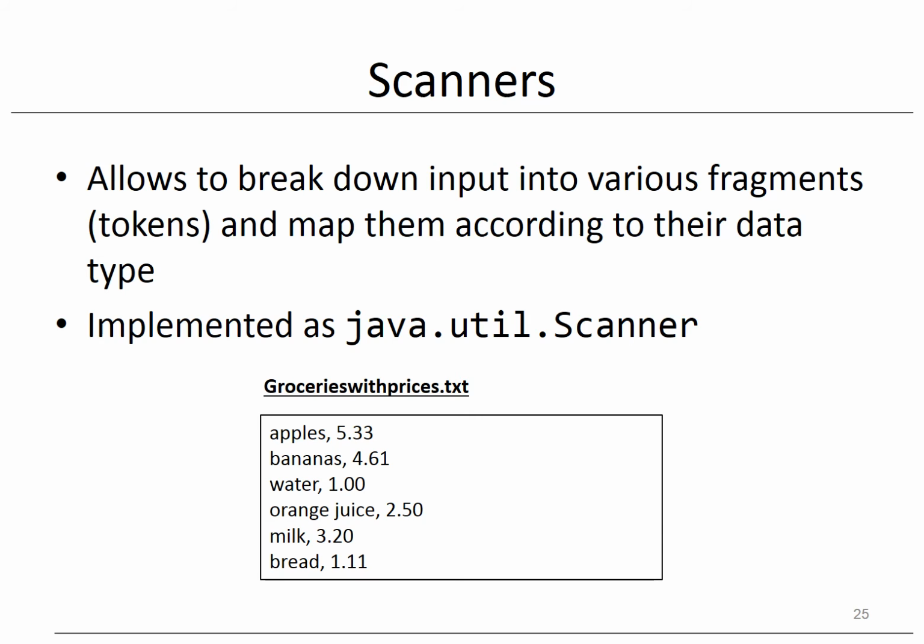You can see an example here of a file groceries with prices.txt, which contains both the name of the item purchased as well as the price. Java provides a simple means to break down input into various fragments, or tokens as they are called, and translate them according to their data type. The class that helps you do this is the Scanner class, found as java.util.Scanner. Let's provide an example.